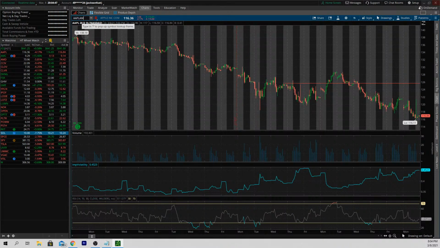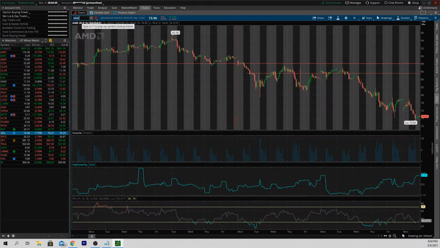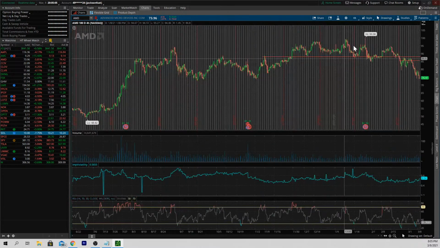Another stock that we're playing in a similar situation is AMD. That one has also had a similar downtrend. It was definitely one of what I thought was the stronger stocks in the tech area, so it was a surprise to see it fall so far from the highs of $95. I think this might be another one that topped out near.